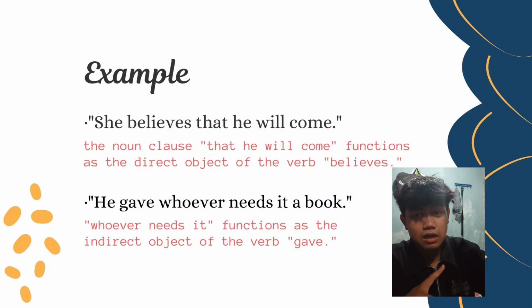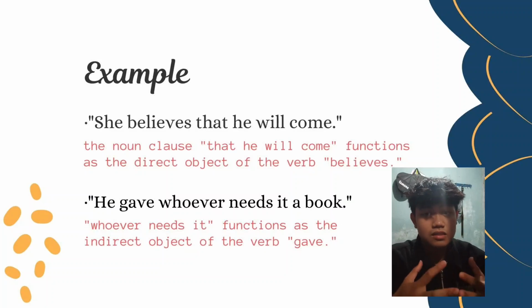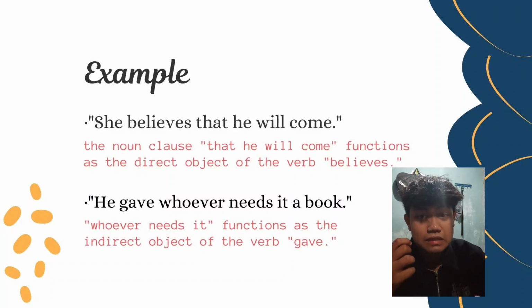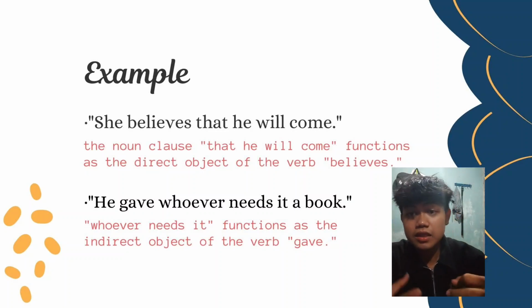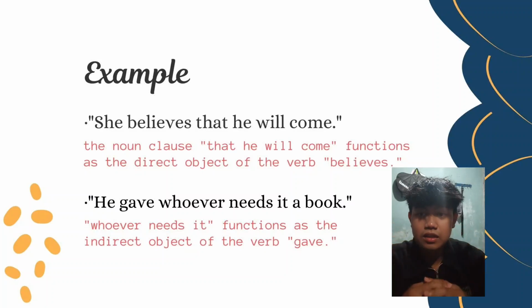In the sentence, the noun clause that he will come functions as the direct object of the verb believes. It receives the action of the verb, answering the question: believes what? The entire clause acts as a single unit, replacing a typical noun or pronoun that would function as the direct object.